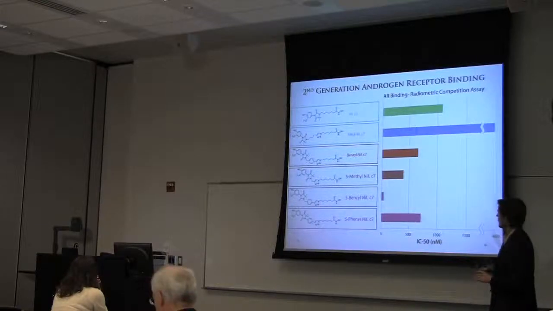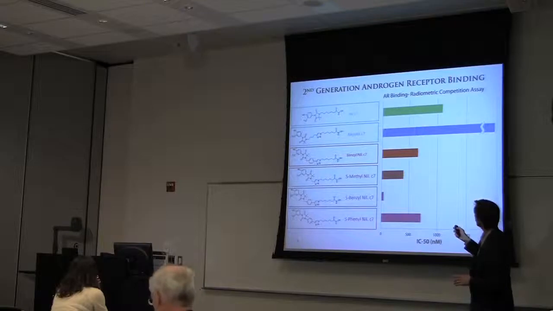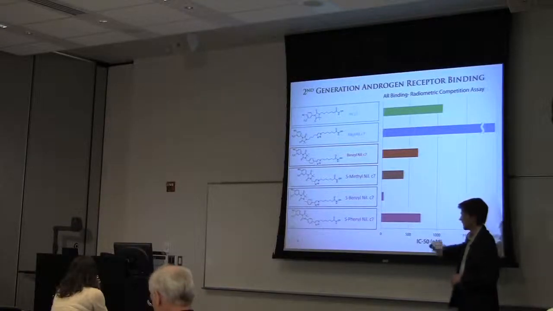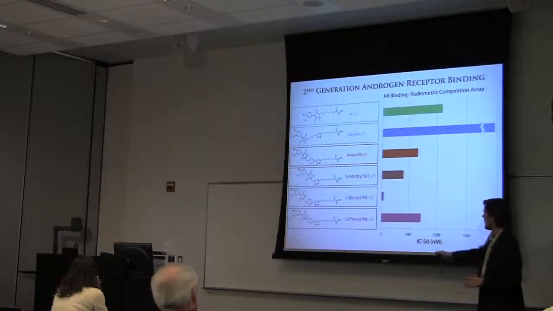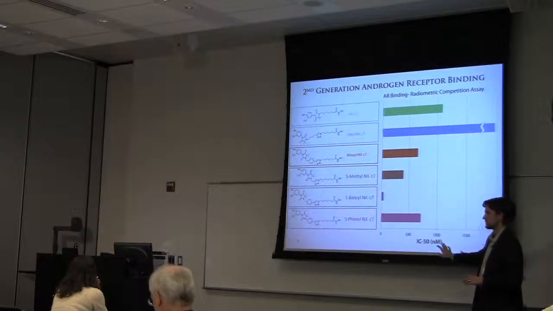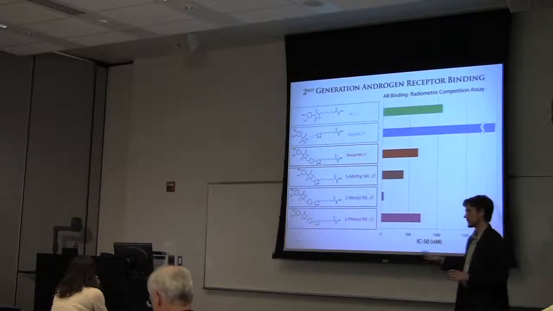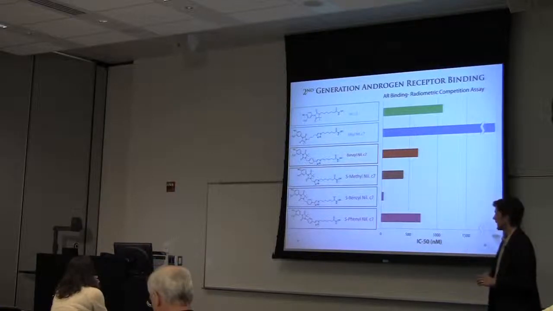So against the androgen receptor, our first generation leads didn't get below the 1 micromolar level. But excitingly, our new lead compound is at 32 nanomolar, binding to the androgen receptor, which is better than an order of magnitude improved against Casodex or bicalutamide, which is a clinically approved anti-androgen.